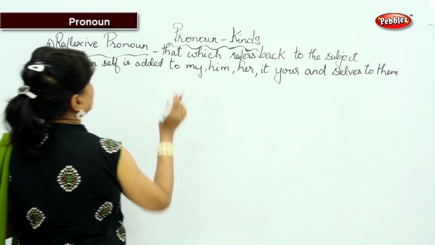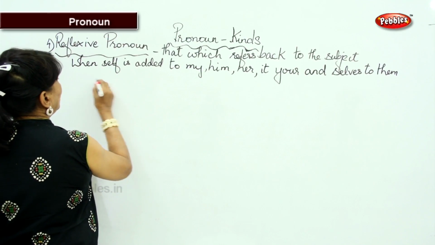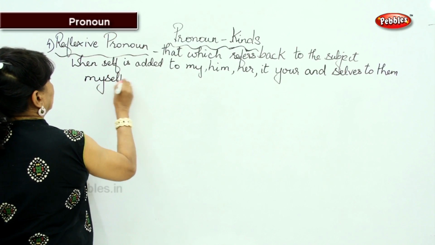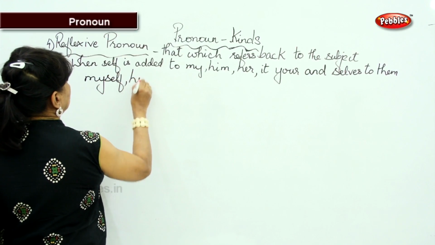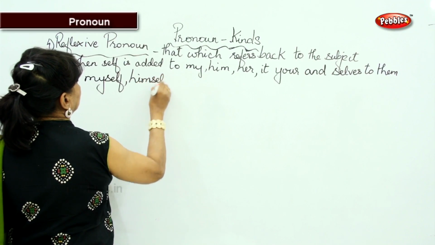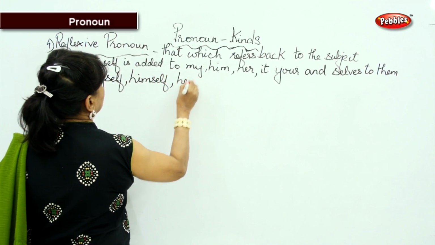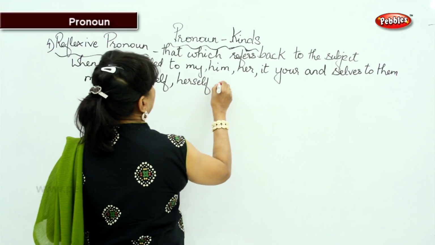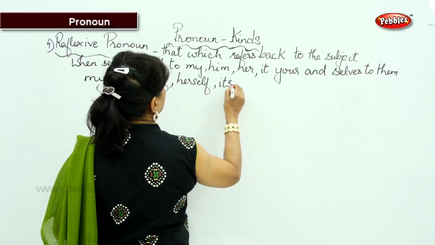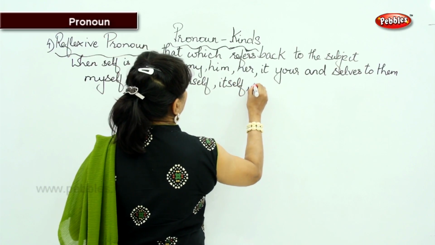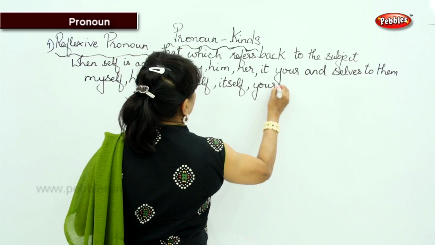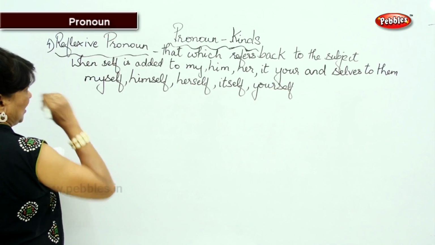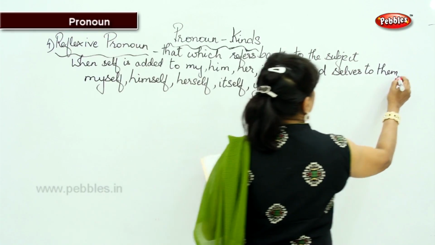So, when self is added, to my, what does it become? Myself. Myself, himself, herself, itself and yourself, and them and our.